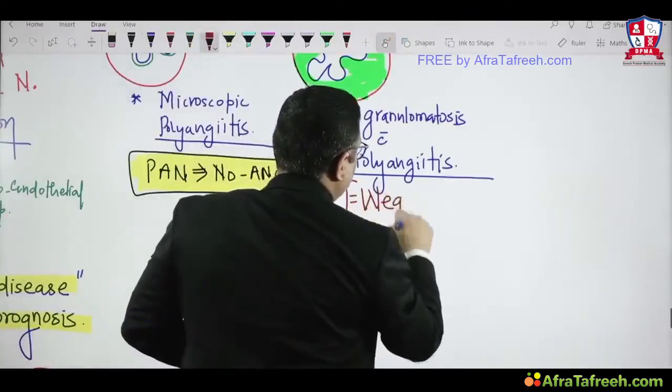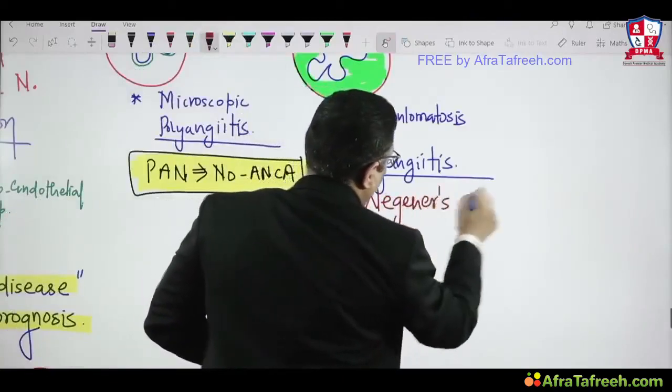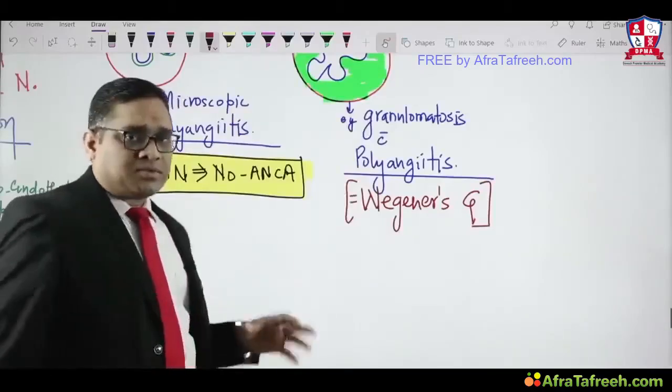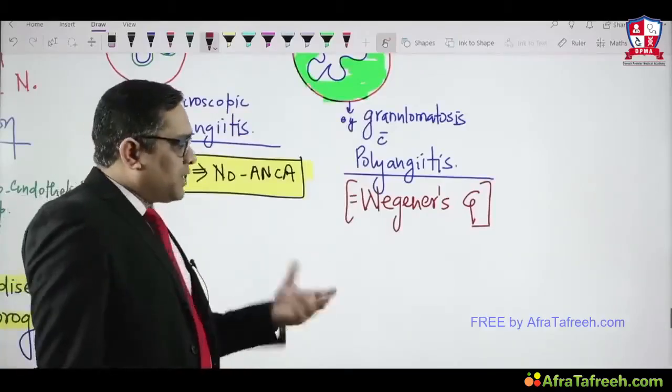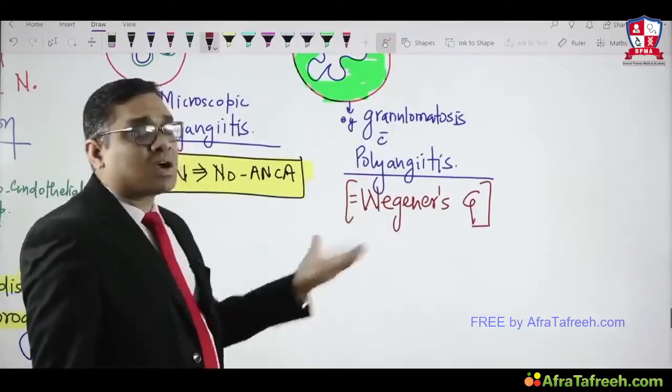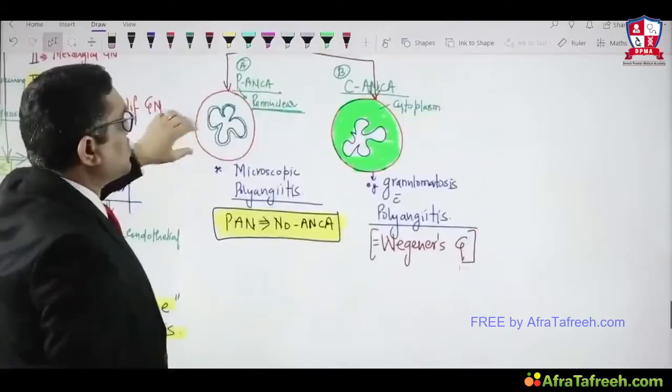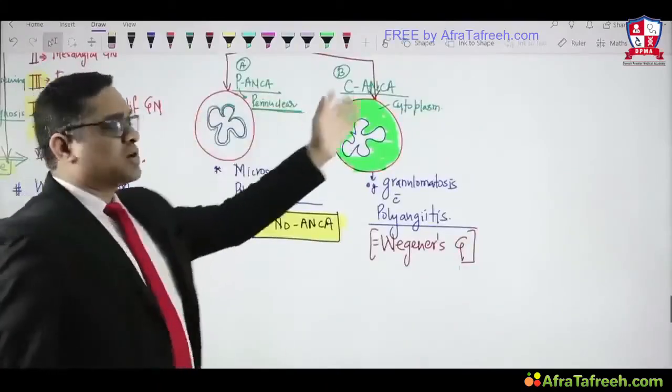In All India exam 2014 and 15, there was a question: in Wegener's granulomatosis, which ANCA will you find? C ANCA, P ANCA, or both?